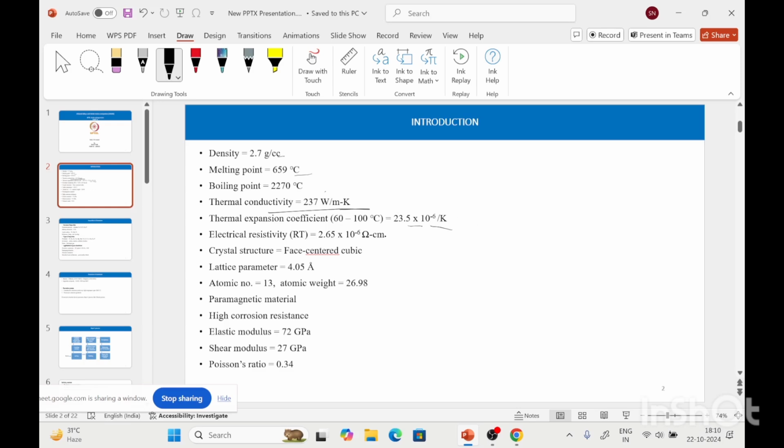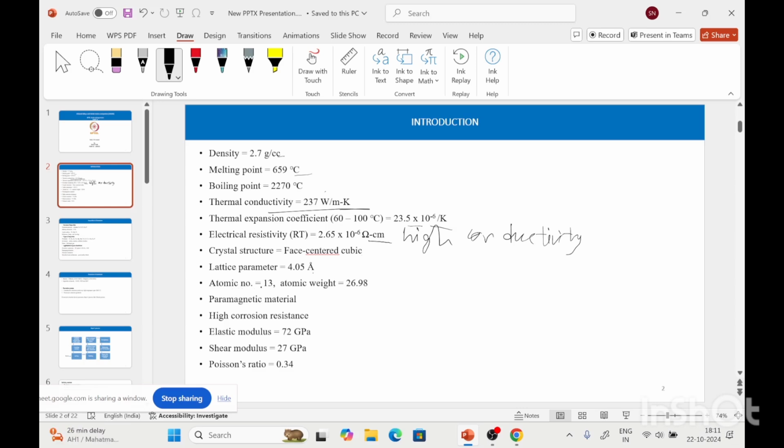It has very low resistivity, meaning aluminum has high conductivity. It has the crystal structure of FCC, for which the lattice parameter is 4.05 angstrom.